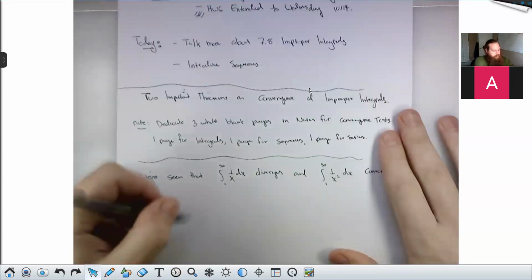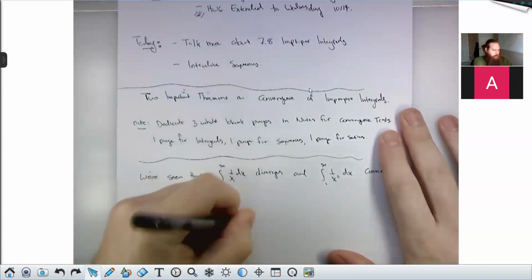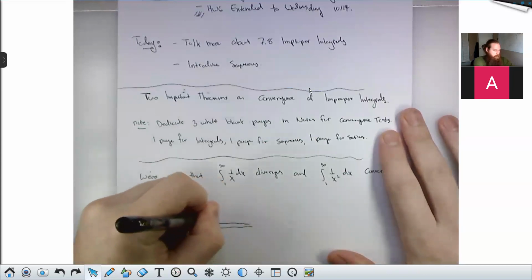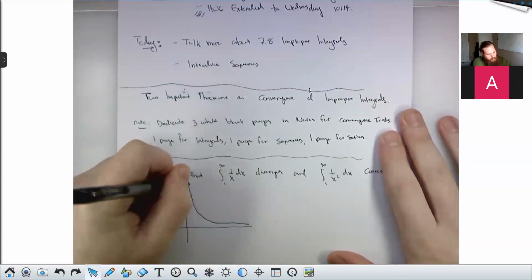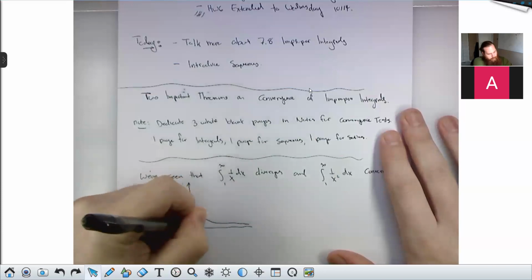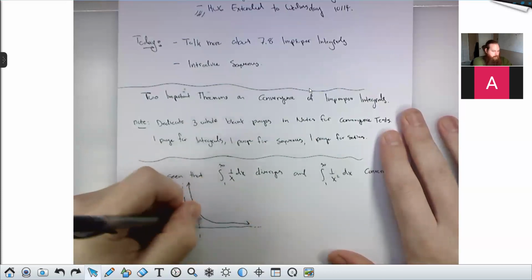The graph of 1 over x in that first quadrant looks like this.